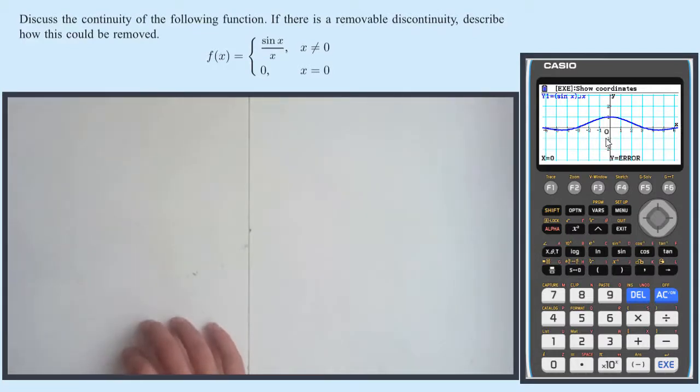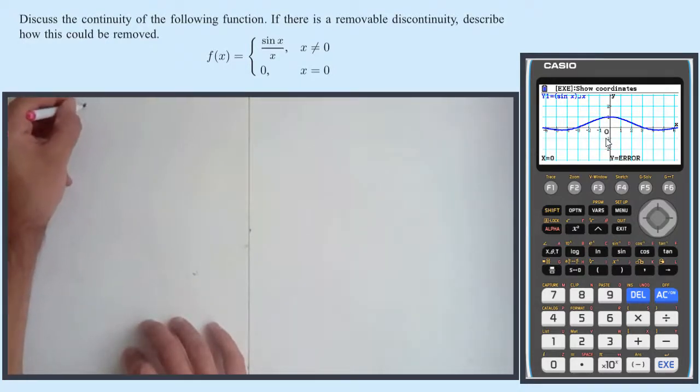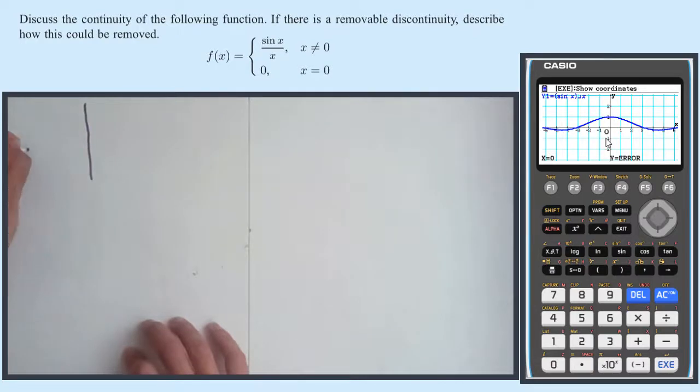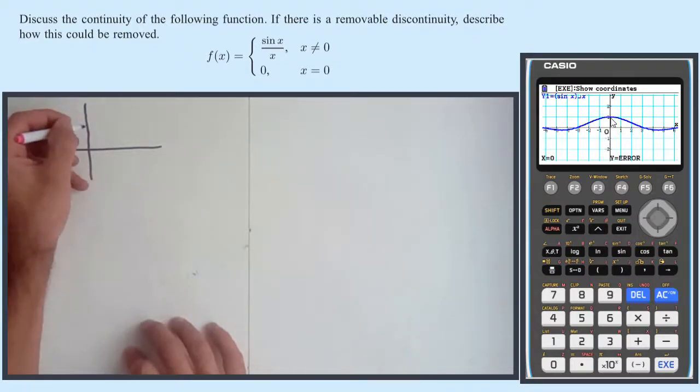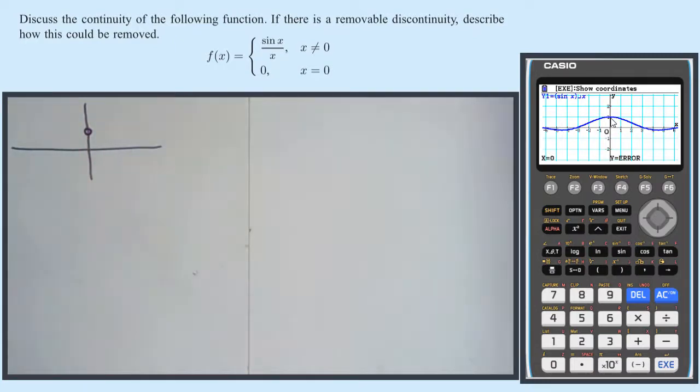So if we draw a little picture of it, it looks like we kind of peak here. It looks like it goes up to somewhere around 1 here, and we can use the trace function, and you can see it's very close to 1 that side, and it's very close to 1 that side.